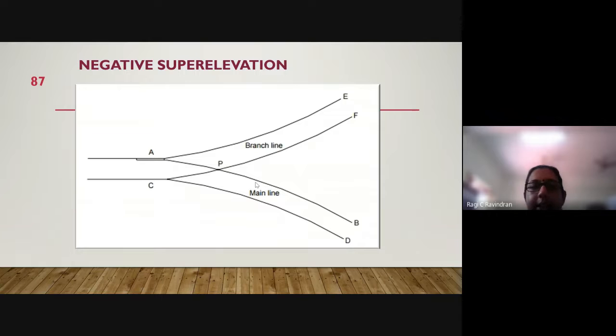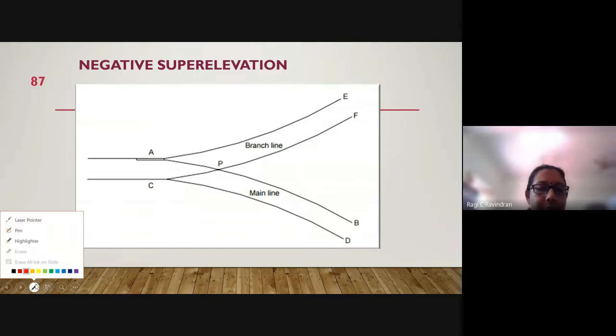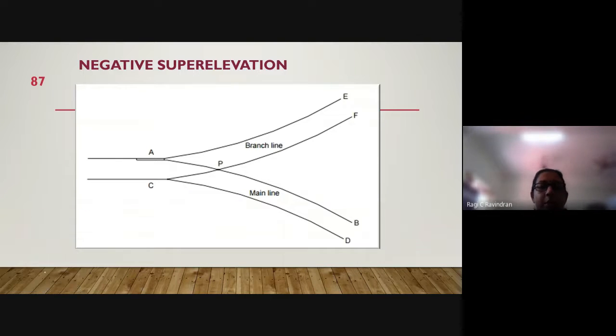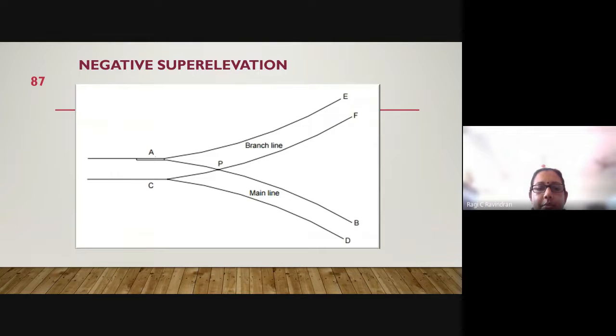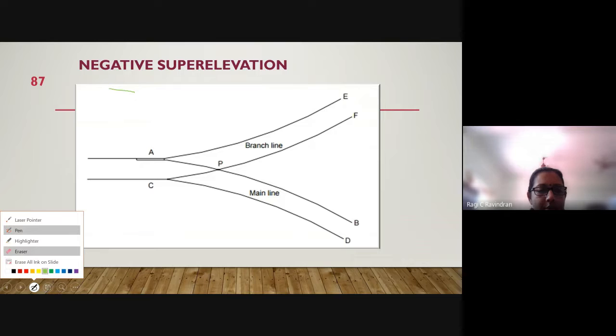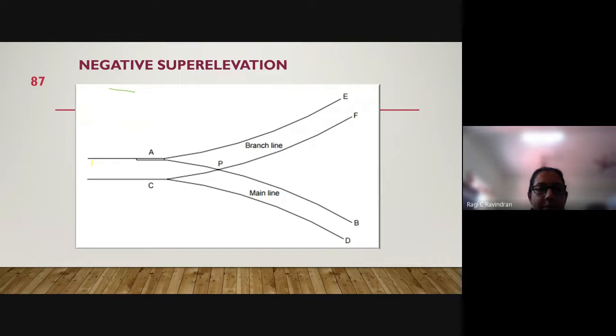One track acts as the main line and the other track acts as the branch line, right? So here you can see. Okay. So let's first of all consider the main line.